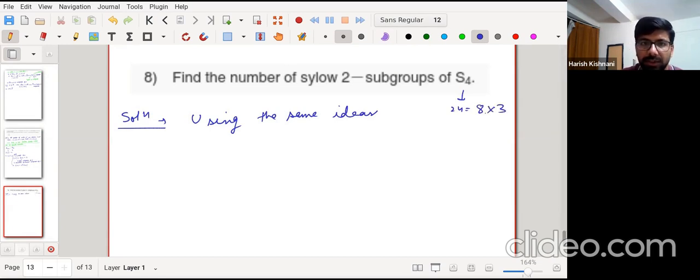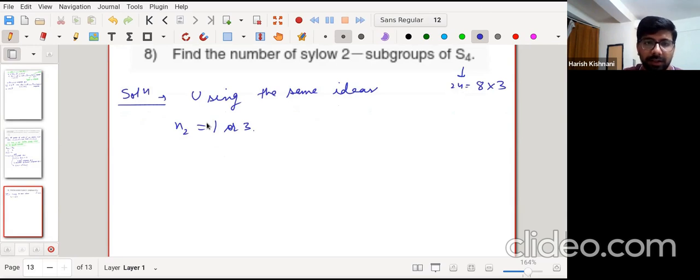Using all these ideas, the number n2 is either 1 or 3. n2 has to be a divisor of 3, right? So it is just 1 or 3. I'm not even using the modulo part.